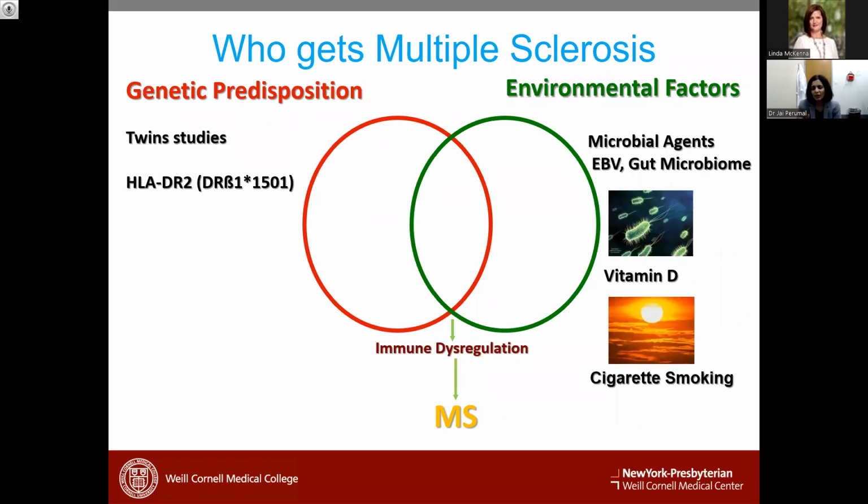It's a little difficult because more than 90% of the population tests positive for mono. So with something that is so prevalent, how do you attribute a risk of MS to that? Even when you look at the infection, it seems like it's not if you got the infection, but when you got the infection that seems to play a bigger role. So there is a lot more to be studied there.